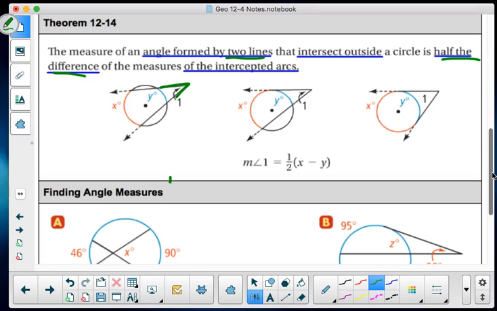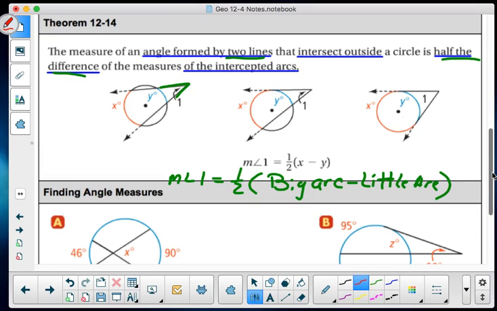The measure of angle 1 is equal to half the difference of the big arc minus the little arc. And people go, what do you mean by little arc? Big minus little, and then I divide by 2. And big is the red. You notice that big is the red here? So maybe I should have written big arc like this.